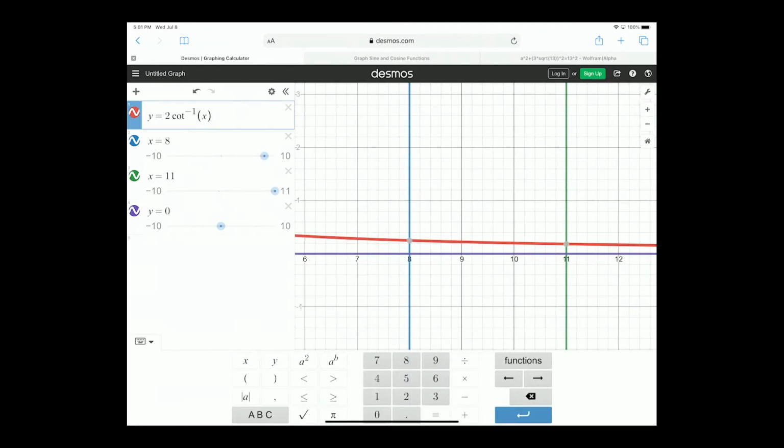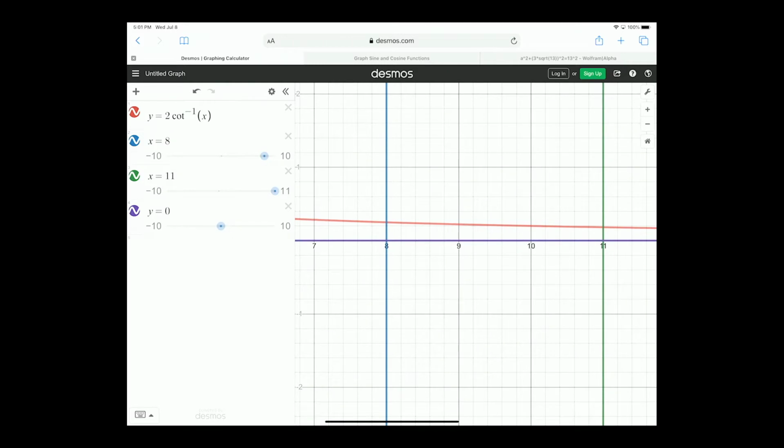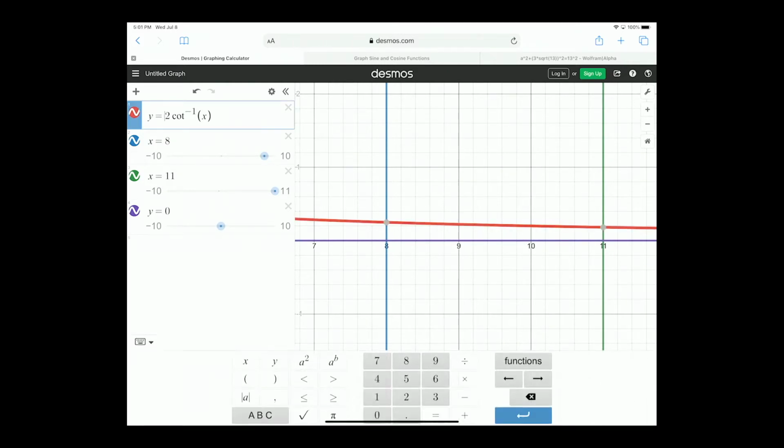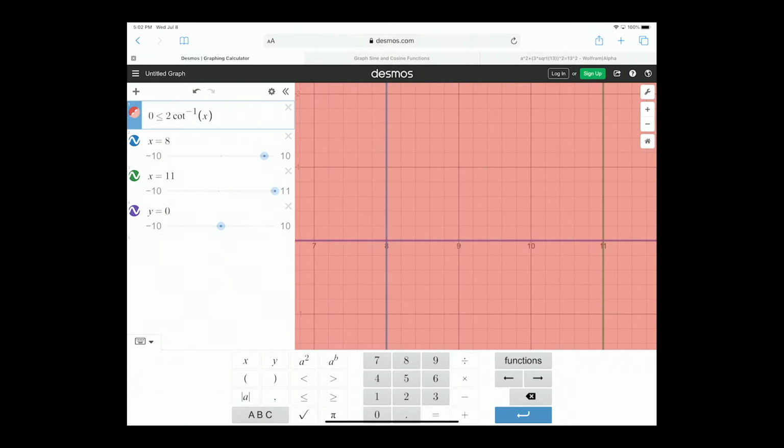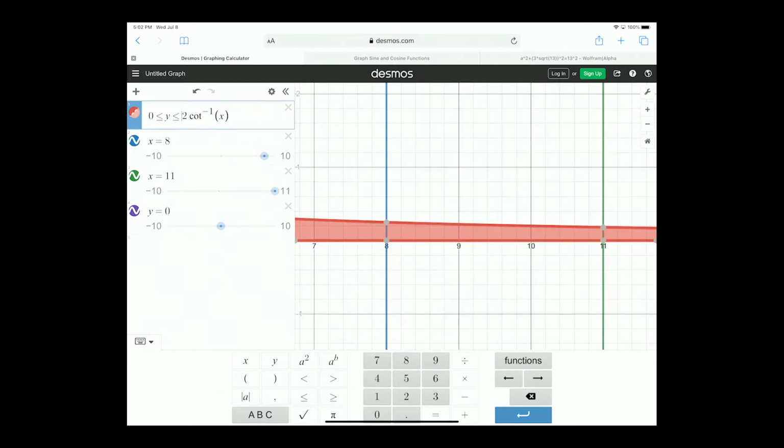Now if I go up here, I can probably make this look a little nicer. Since what we want is this area below the red curve and above the purple curve, I can probably do this. So let me delete this and just say 0 less than or equal to y less than or equal to that.